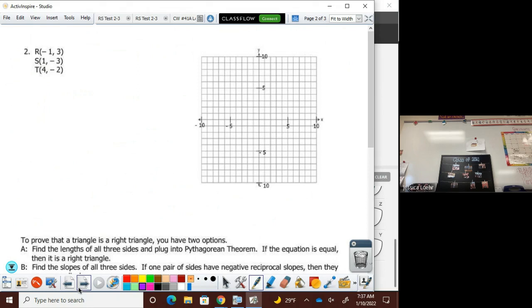So we're going to set up our table with our sides, RS, ST, and TR.